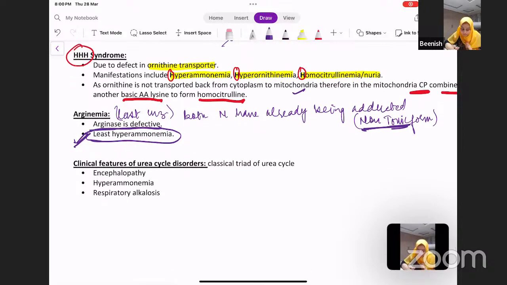Now, clinical features of the urea cycle, the classical triad of the urea cycle. What is the classical triad? That is encephalopathy. We've already seen in the beginning of the lecture how I described that ammonia is causing toxicity. What is encephalopathy? It is a broad term for any brain disease that alters your brain function and structure.